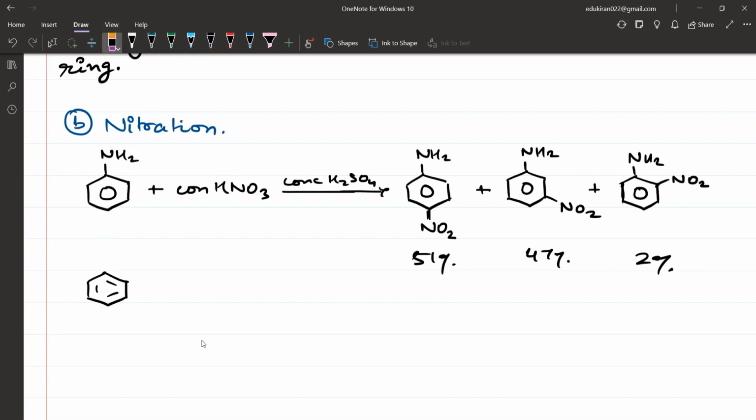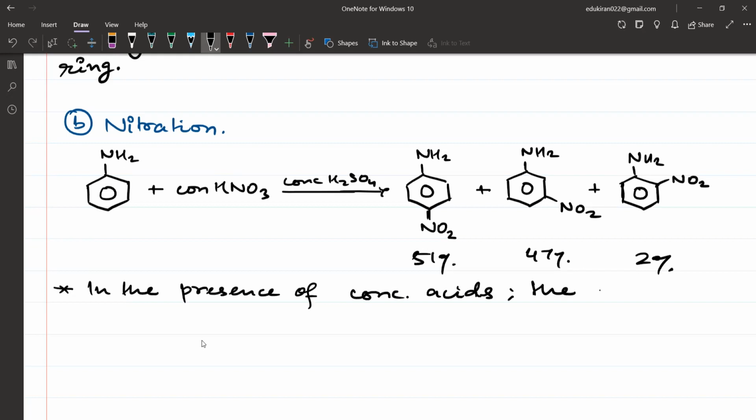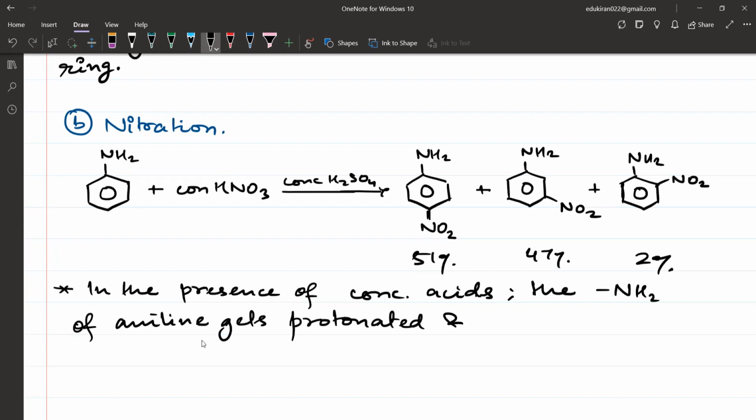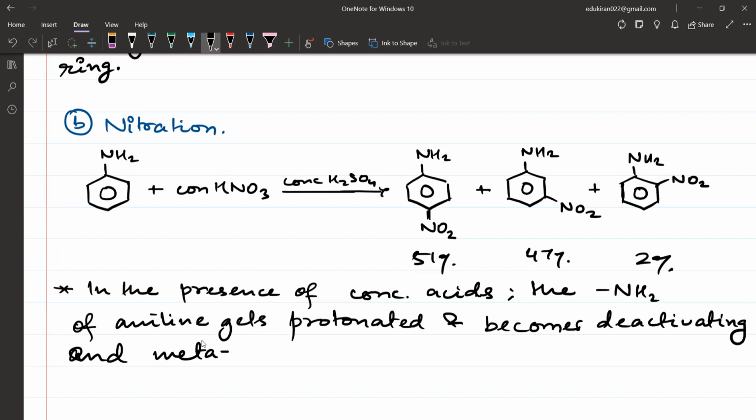So why is this happening? Please write. In the presence of concentrated acids, the NH2 of aniline gets protonated and becomes a deactivating and meta-directing group.